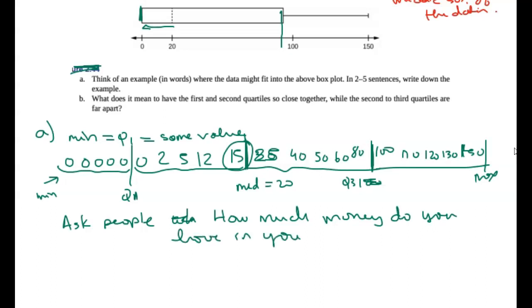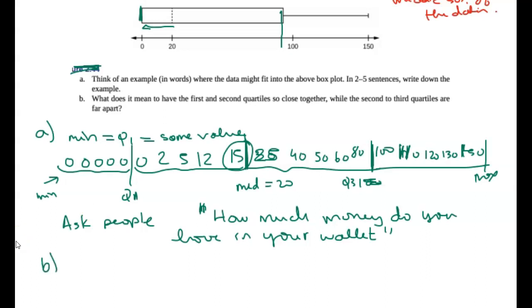Right, this might generate this data. A bunch of people would say, I have no money in my wallet, I only carry credit cards. So that would be a lot of them. And then a few people have a little bit of money, and other people have a bunch more, and some people are on the higher end. Okay, but obviously this is one example. You can come up with more.